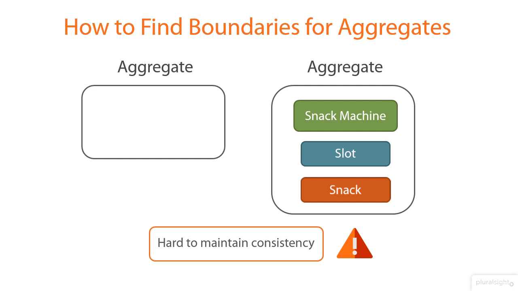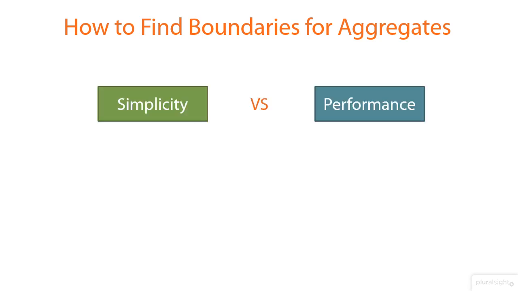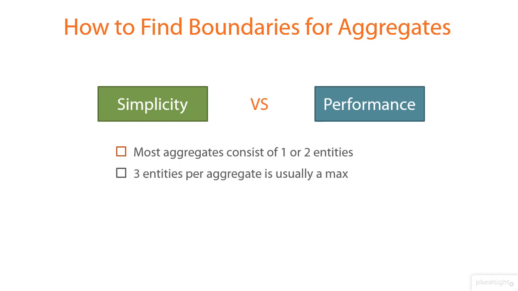Finding proper boundaries is a tricky question, and basically is a trade-off between the simplicity of the model and its performance characteristics. Just to give you some heuristic, in the projects I was a member of, most of the aggregates contained 1 or 2 entities, and I don't remember an aggregate with more than 3 entities in it.